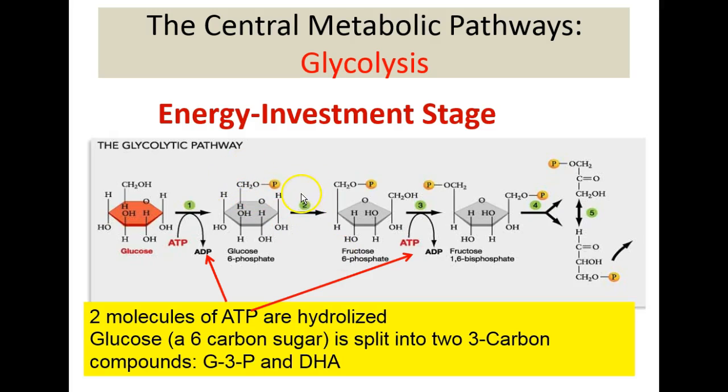The second step in the energy investment stage of glycolysis will involve the rearrangement of the glucose molecule into a fructose molecule. Fructose is also a monosaccharide. Notice that the phosphate group is still attached, making fructose 6-phosphate.